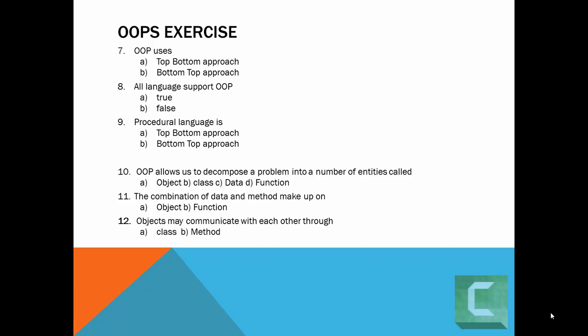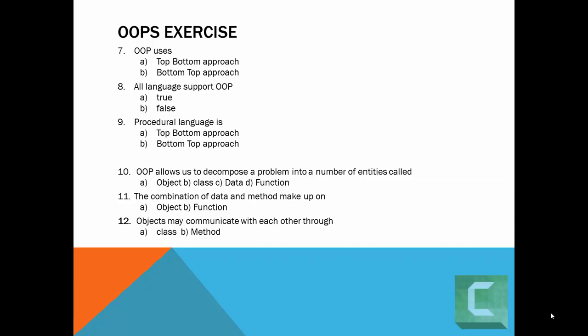OOPS allows to decompose a problem into a number of entities called objects, because the whole problem it divides into smaller things where the minimum unit is called an object, where you have certain data and some functions, some activities performing on those data.